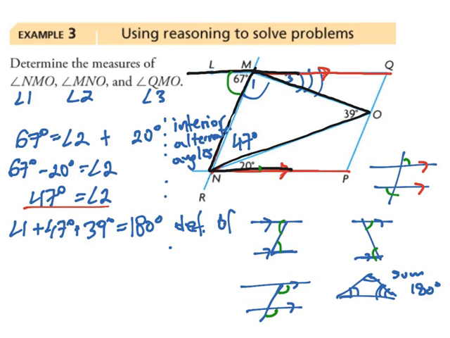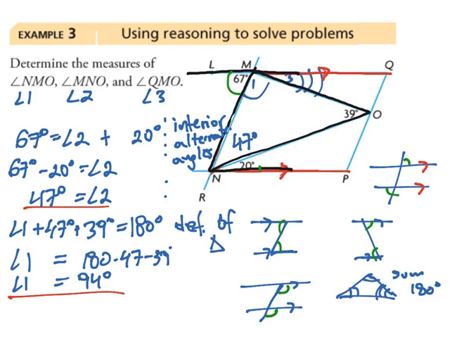And now we could solve for this angle 1, which is 94 degrees. So we found the first angle and second angle.